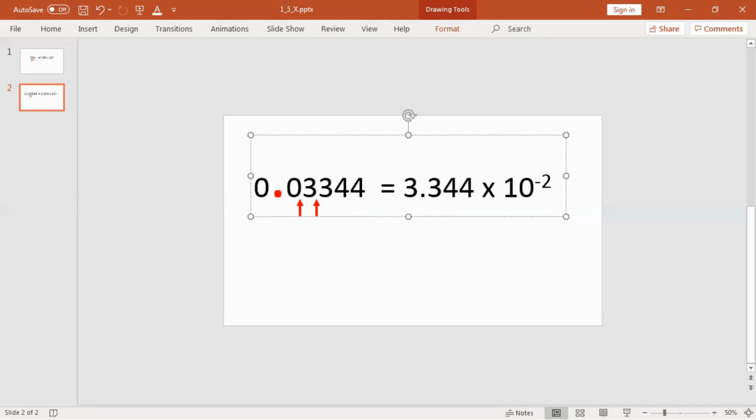And just to check, the correct answer is 3.344 times 10 to the -2.